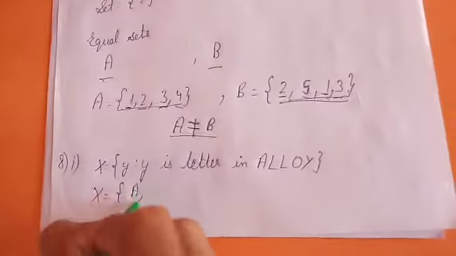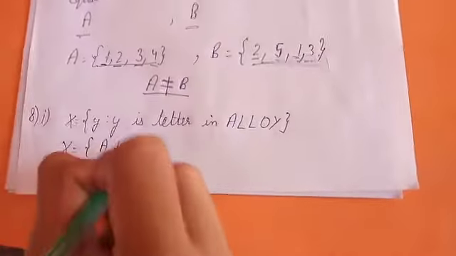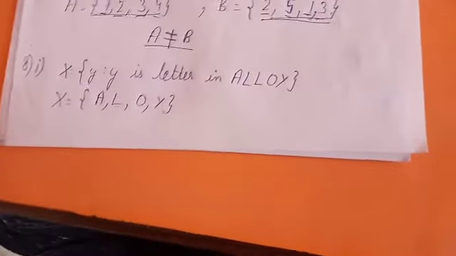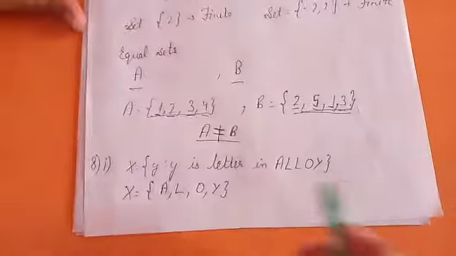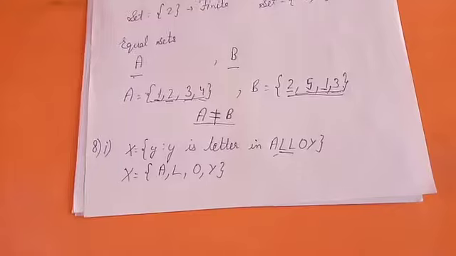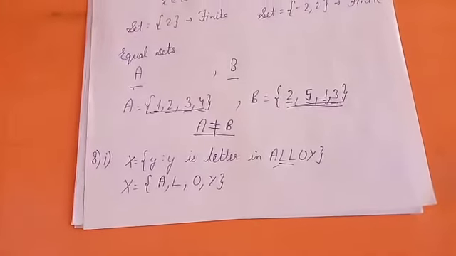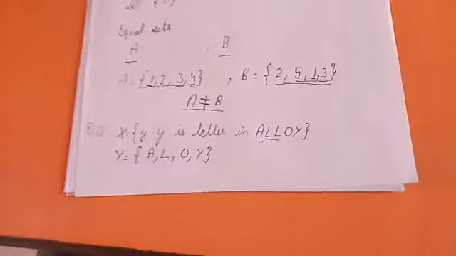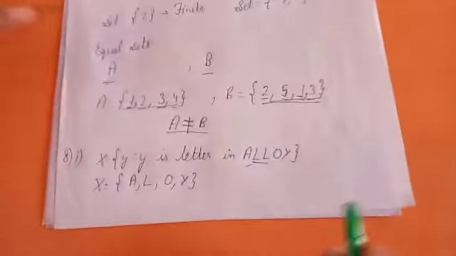So how would I write it? The set becomes {A, L, O, Y}. Now I have told you already that whenever two same letters or numbers are given to us, when we write them in roster form, we do not repeat them. Okay, so it becomes this.